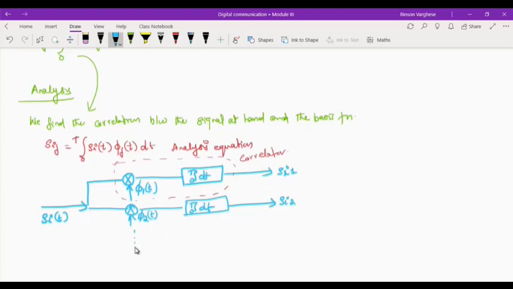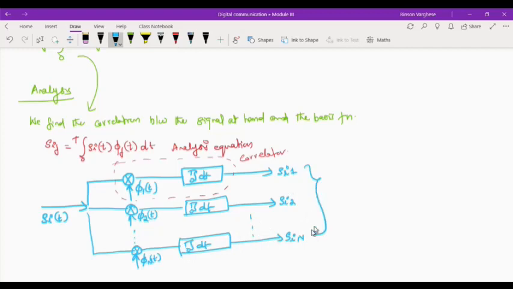Likewise, I have here phi_n(t), and that will go again to an integrator, and I'll get here s_in.